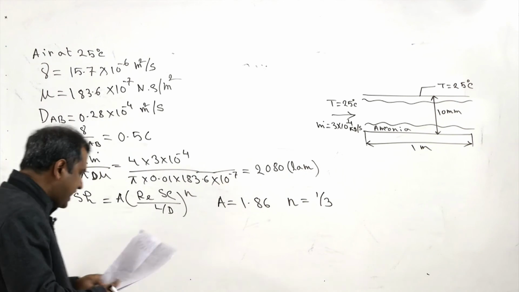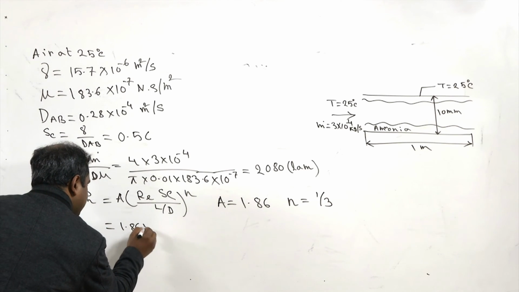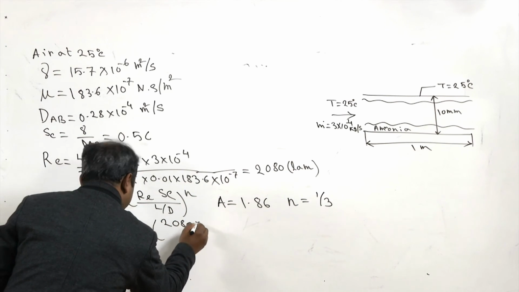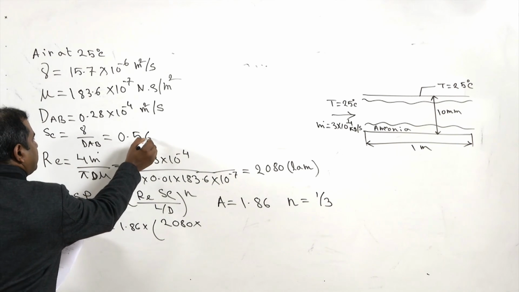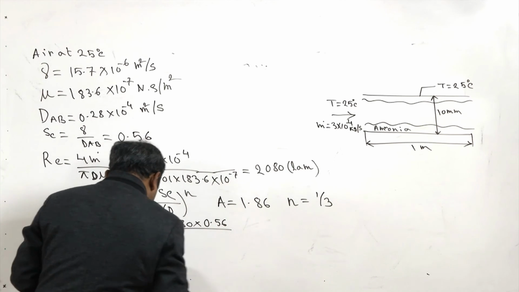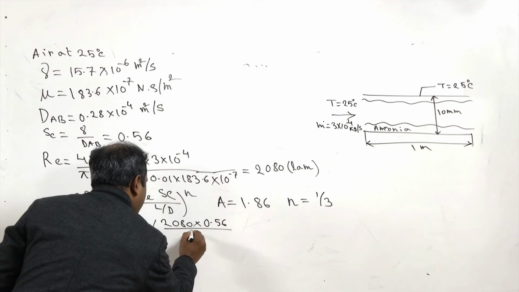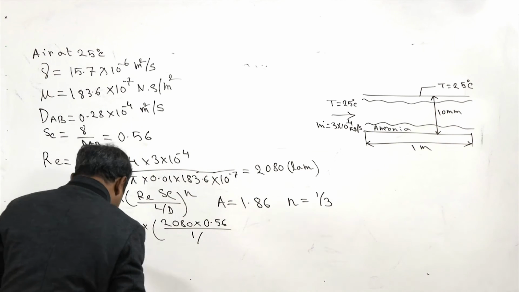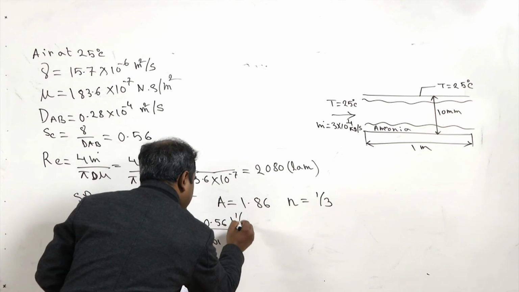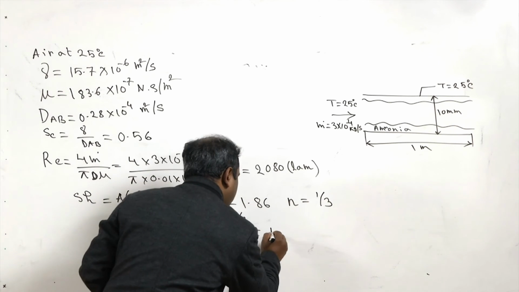Applying this, the Sherwood number is 1.86 into 2080 into 0.56 into L by D, where L is 1 meter and D is 10 millimeter, which is 0.01 meter, to the power 1/3. Calculating this, the Sherwood number becomes 4.22.